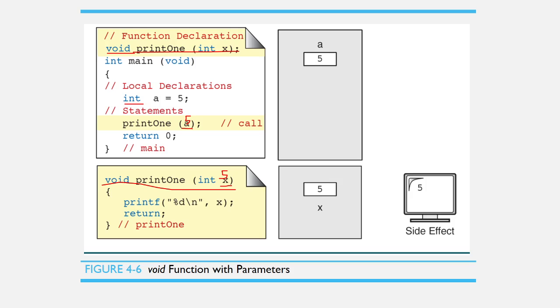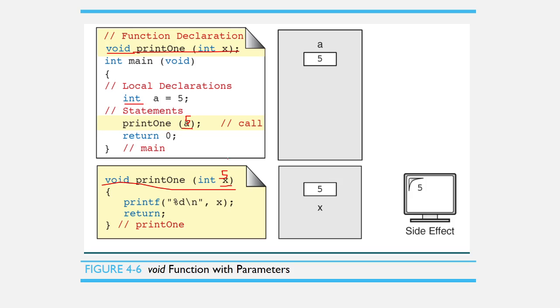So 5 here will be processed, and this function definition prints the value of x. After printing the value of x, the interpreter will go back to the main function, return 0 and end the program.